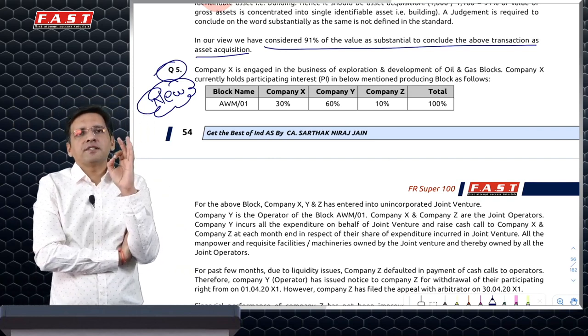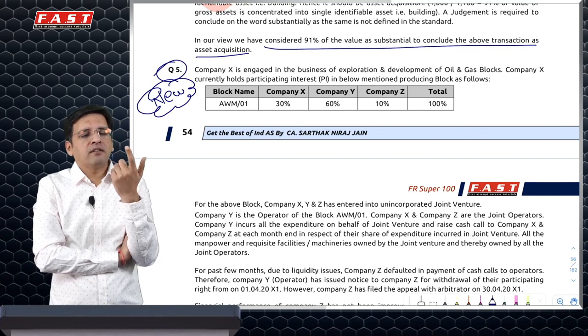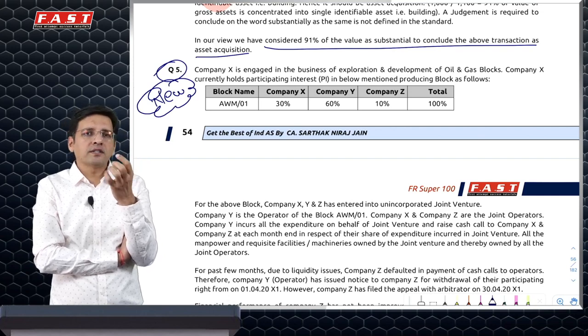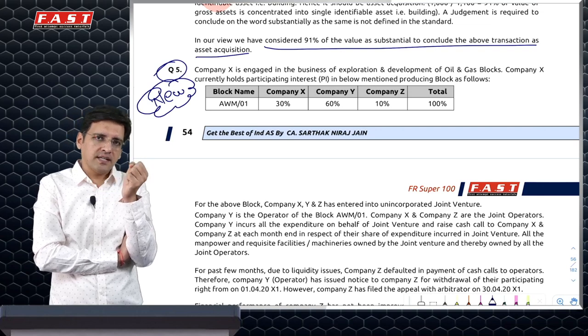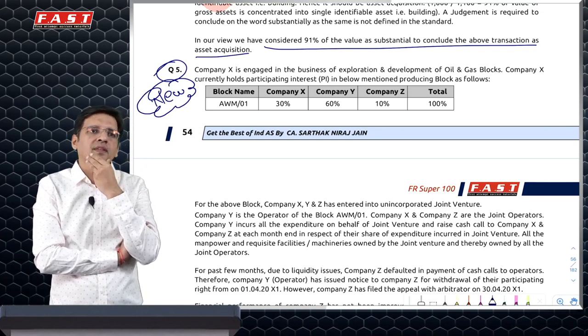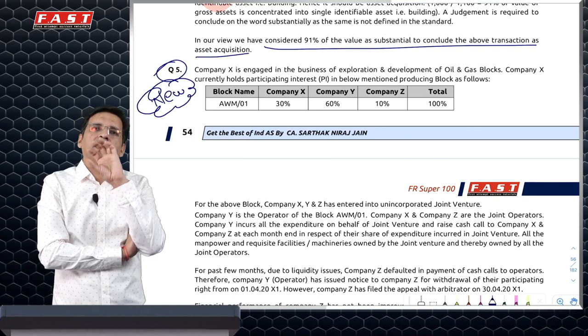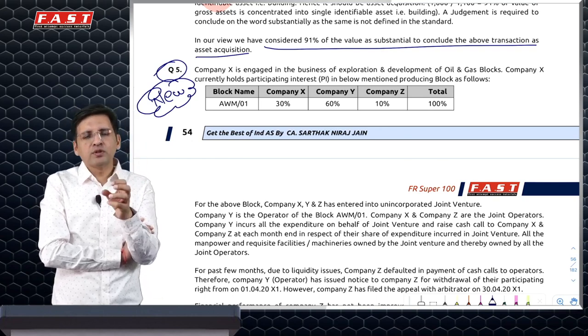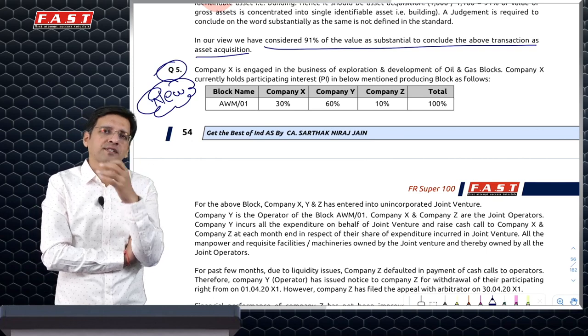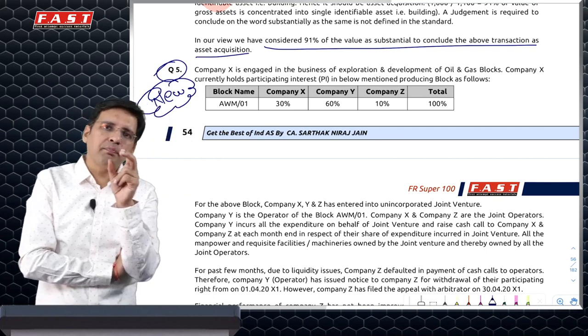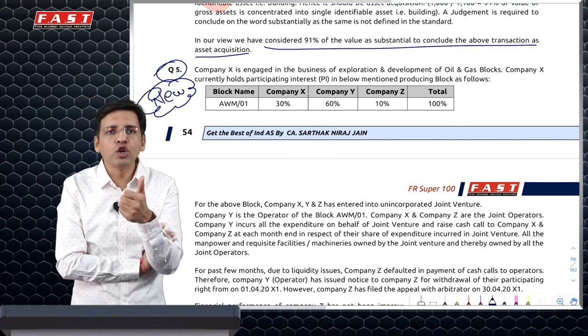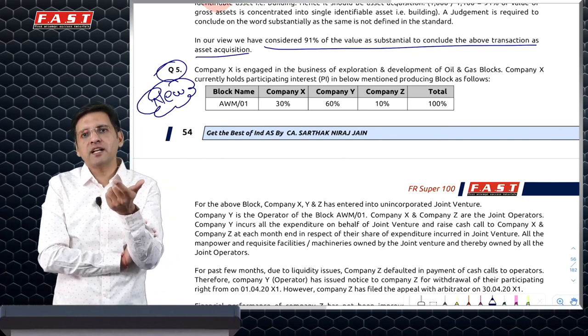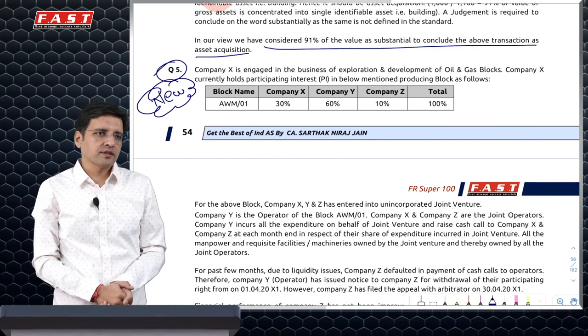Ind AS 103 specifically says that in a joint arrangement, when one of the joint operators acquires any other stake in the joint arrangement, if the joint arrangement as a whole is a business, then this acquisition of stake will also be treated as a business acquisition, even if that part of the business which you have acquired is not a new or independent business itself, and you are already one of the joint operators.